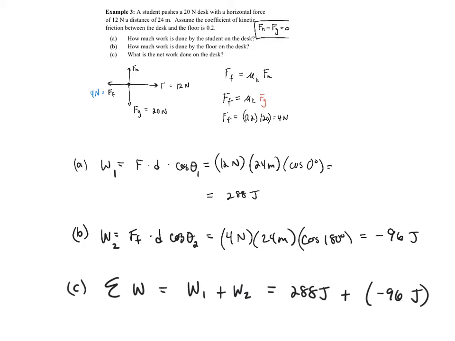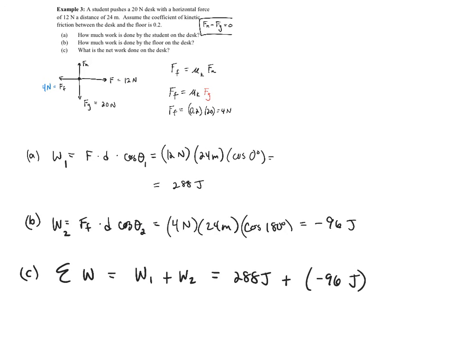The work done by the student is 288. The work done by friction is -96. So the overall work done is what we're actually focused on for this problem. The overall work done will be 192. Now this is not the only way you could answer part C.